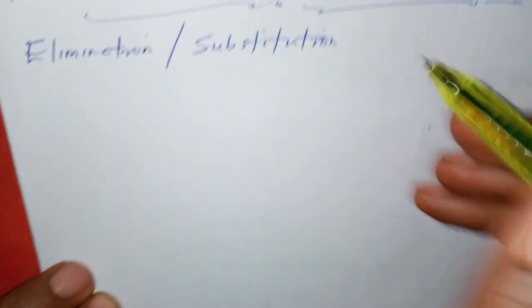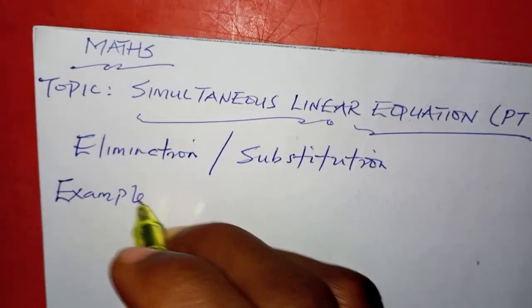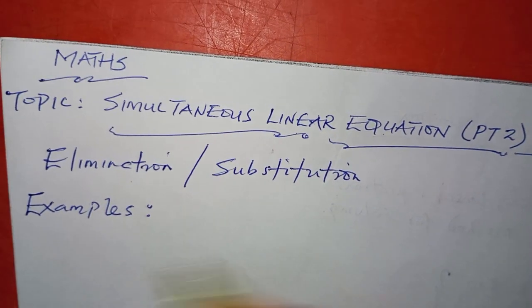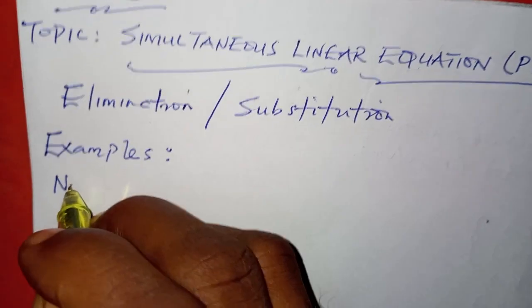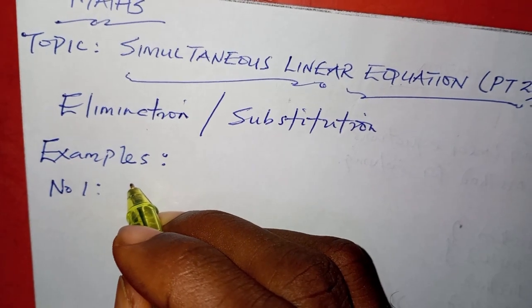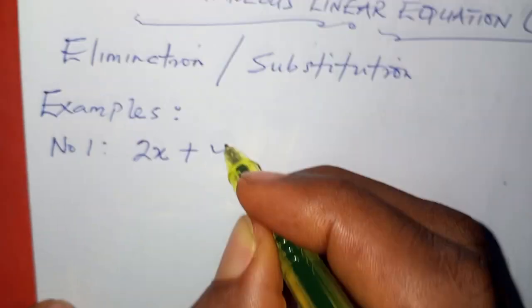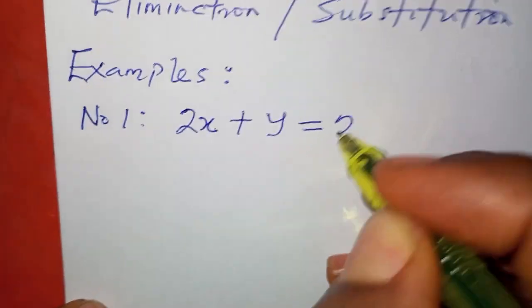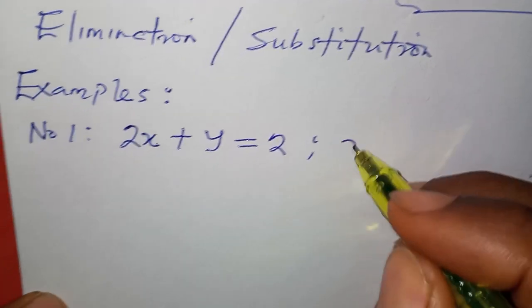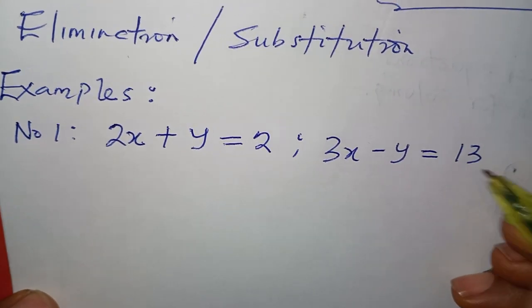So here are some examples we shall be looking at. I have here two examples we shall be solving. Example number one, we have 2x plus y is equal to 2 and 3x minus y equals 13.